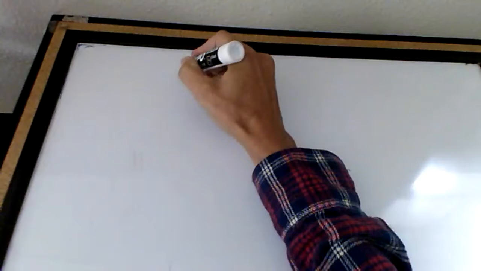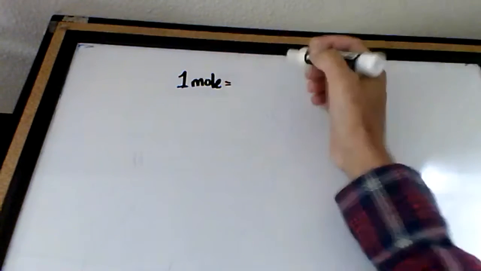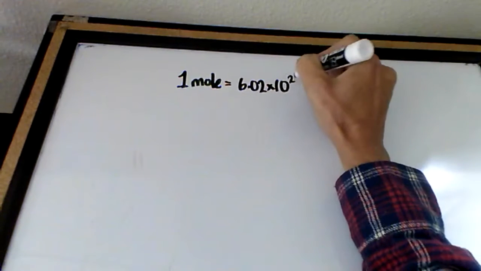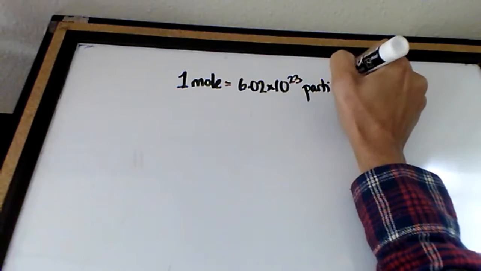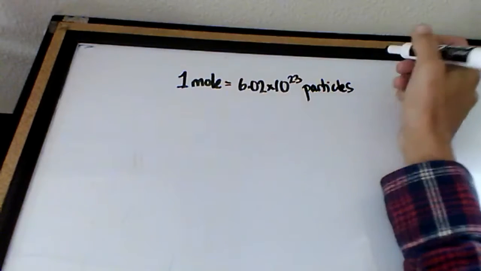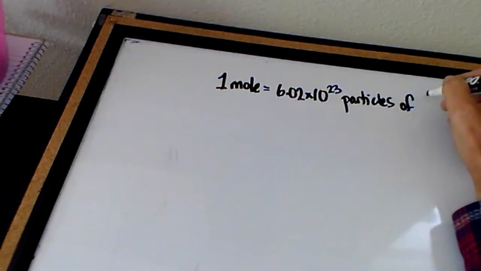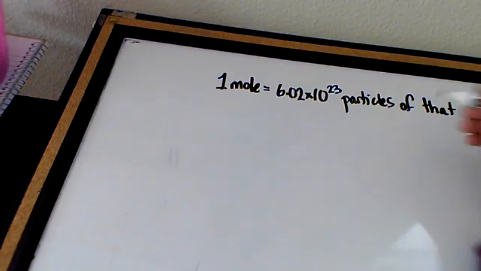So right, we know that 1 mole of anything is equal to 6.02 times 10 to the 23rd particles of that substance, right? So when I say the word representative particles, what I mean is particles of that substance.